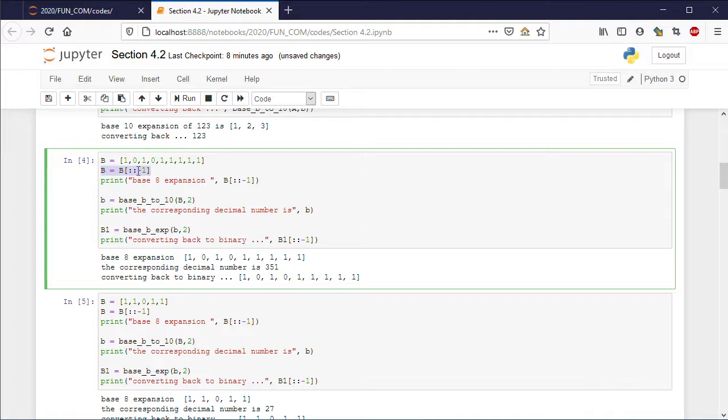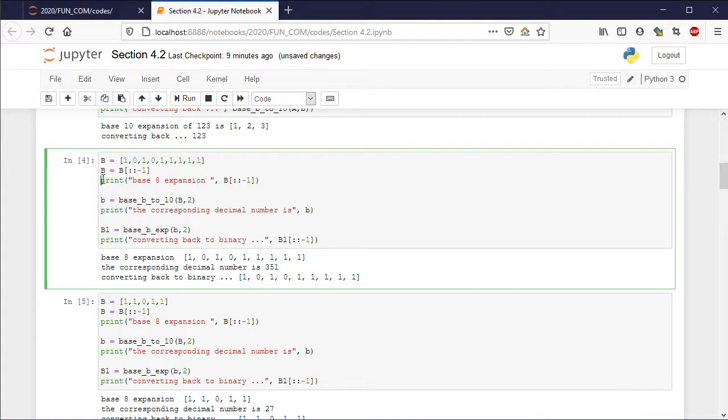Actually, I first reverse the order, because as I said, this is the order we are very familiar with, but in order to save that in the computing system, we actually save the least significant bit first.